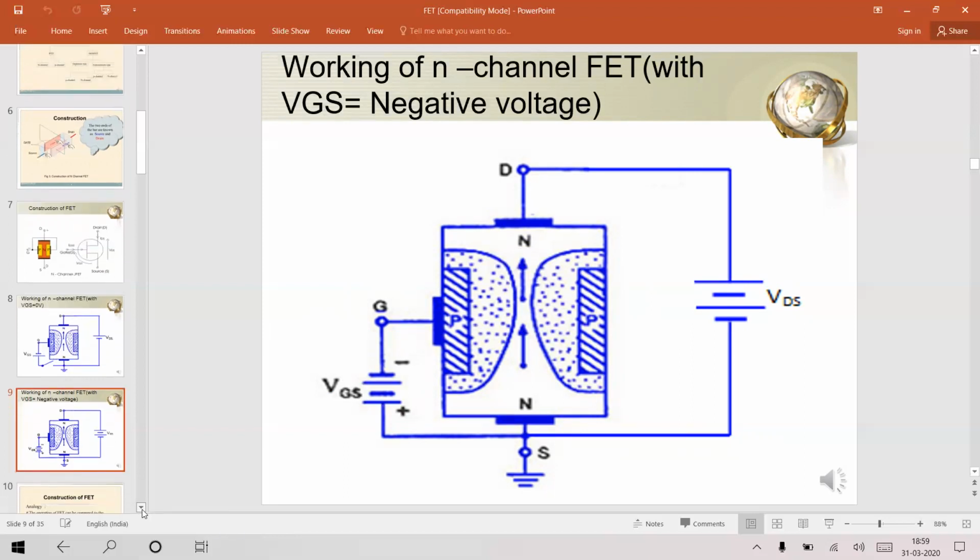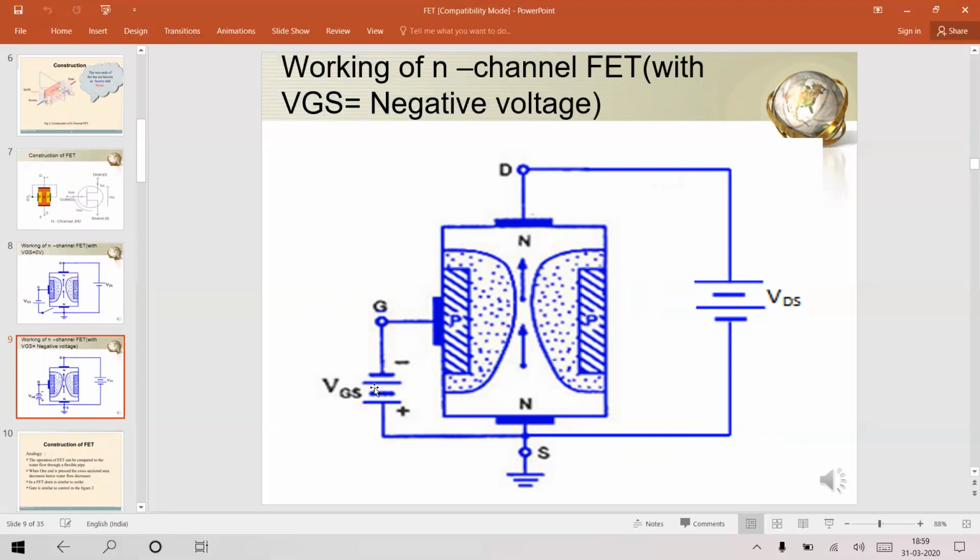So if I apply positive voltage, just reverse the battery and check. The barrier comes closer to the P region, even the region which was extended because of the negative voltage comes closer, and more path is created, more region is made free for the flow of charge carriers from source to drain.